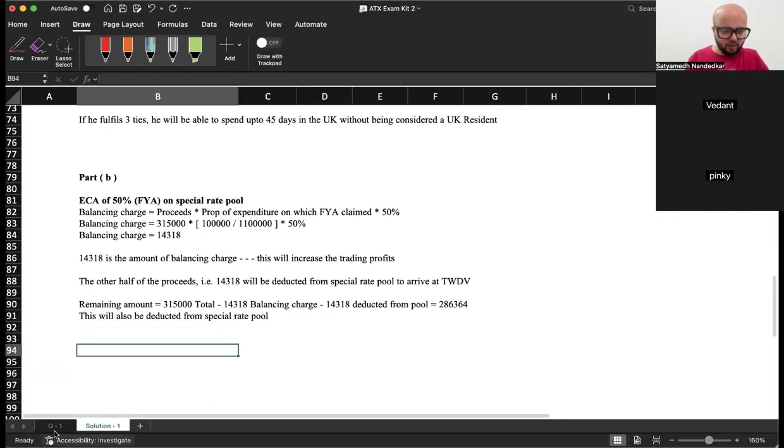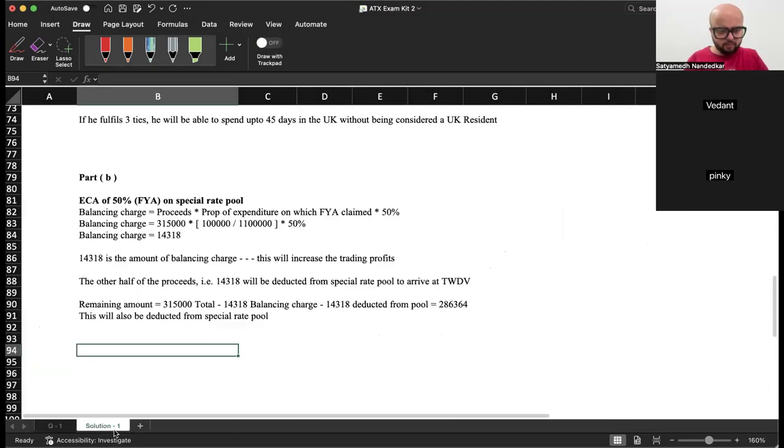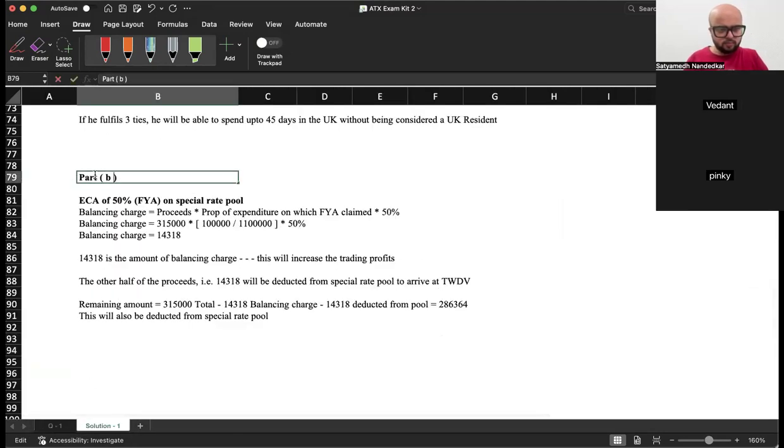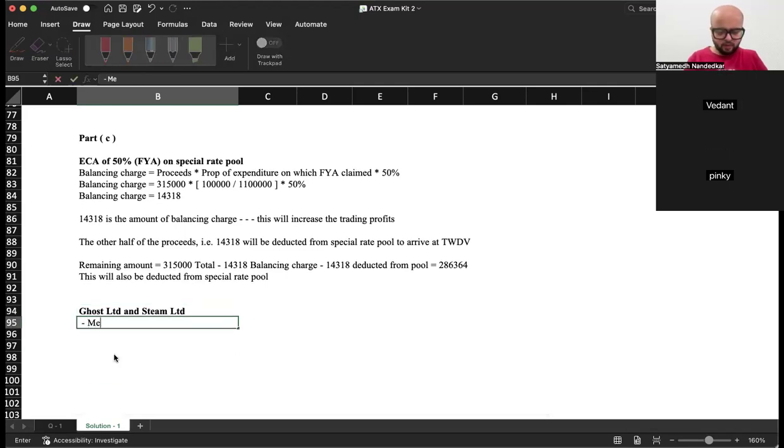ठीक है. ये कौन सा part है? Part C. Then Ghost Limited and Stream Limited, mention that they are in the 75% gains group. ठीक है.